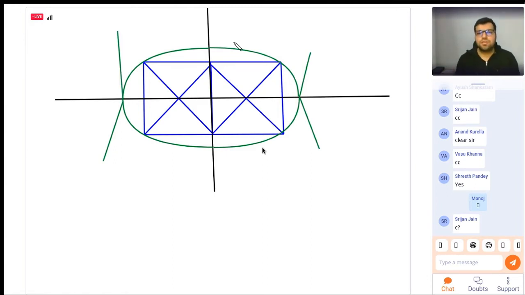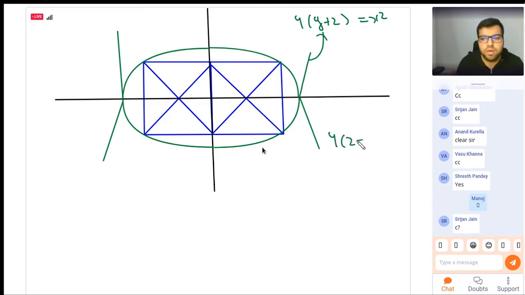I have drawn two parabolas over here. Okay. One is 4 times y plus 2 equals x square, so this is this. And the other is 4 times 2 minus y equals x square, so this is this.